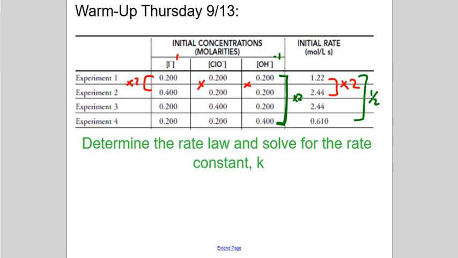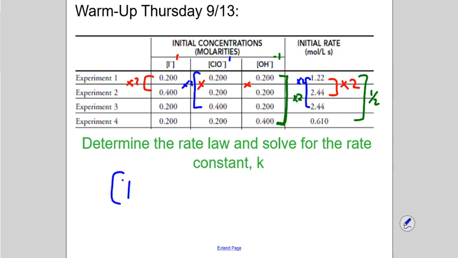And then last but not least, our hypochlorite here, we can look at experiment 1 and 3. So the other 2 are being held constant. Here again, we're getting that double, so it's going up by 2. Here it's being doubled, so first order.